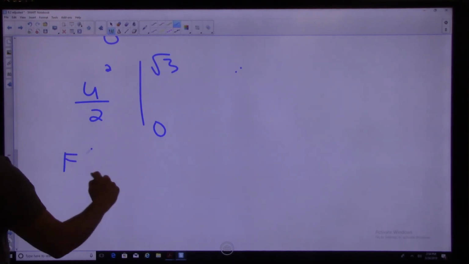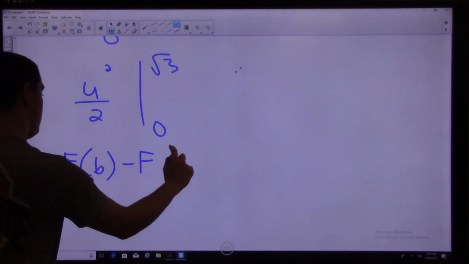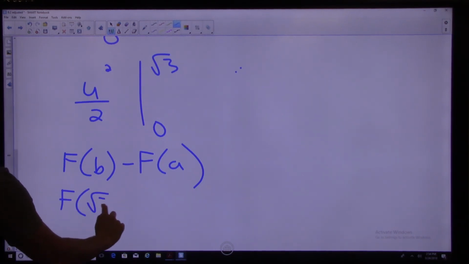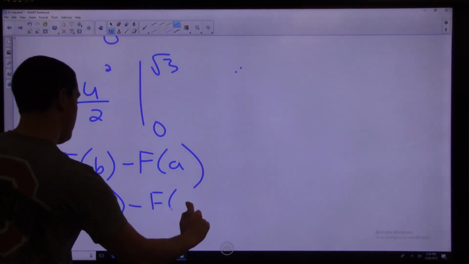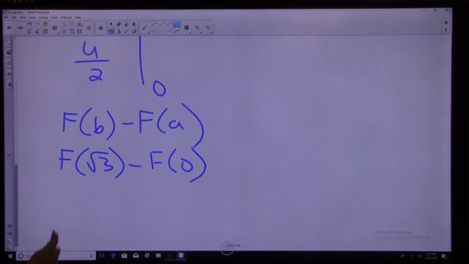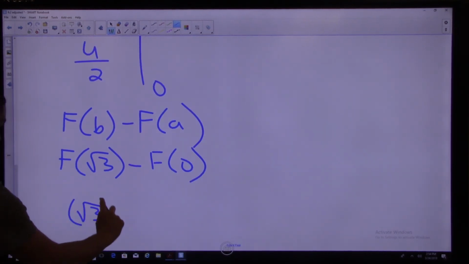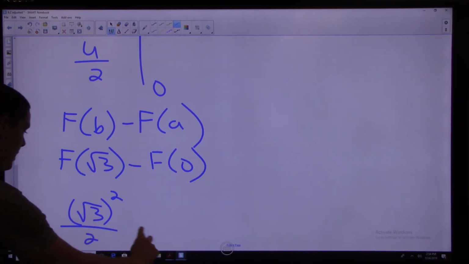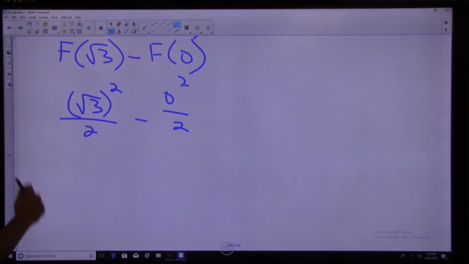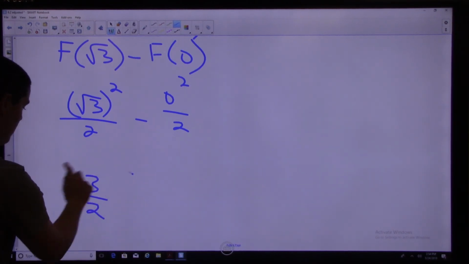So f of b minus f of a. And so it's going to be f of the square root of 3 minus f of 0. And if we plug in the square root of 3, it's going to be square root of 3 squared over 2 minus 0 squared over 2. Well, that's the same thing, guys. It's still going to be 3 halves.